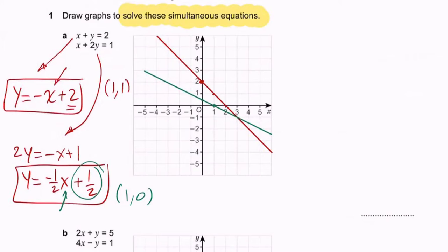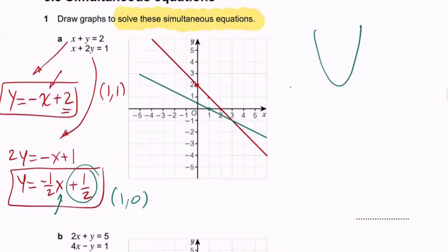Maybe 1 point, because here two lines will meet only in 1 point, but sometimes later you will get a parabola and a line, so there you have two solutions. This is later, but generally solving any simultaneous equations graphically means to find the intersection points of both graphs. That's all.